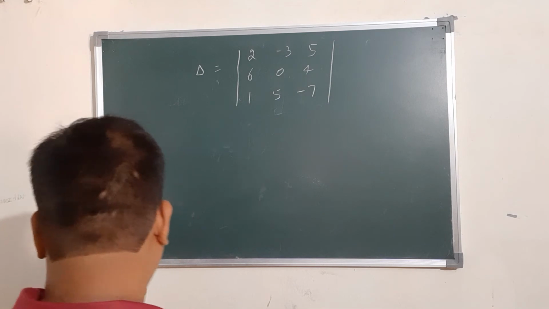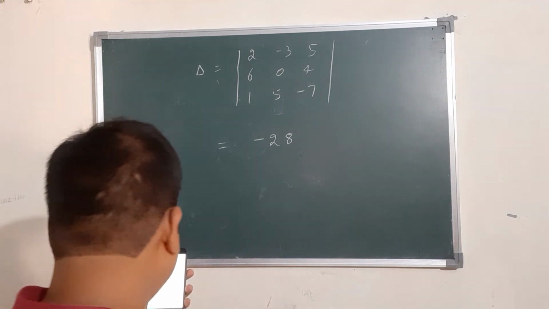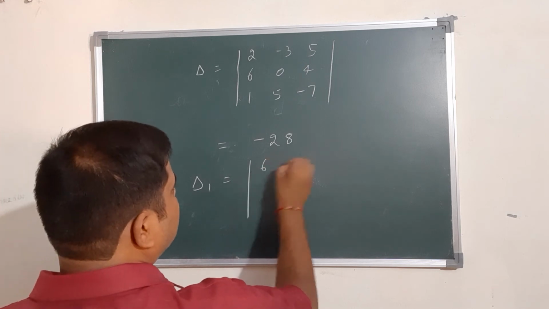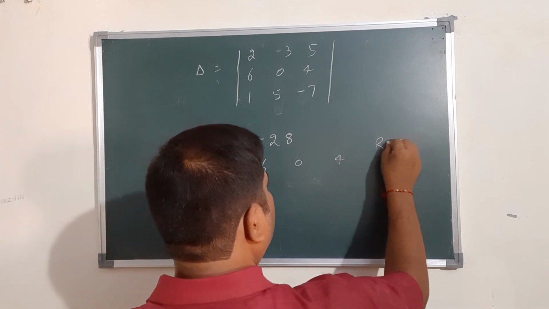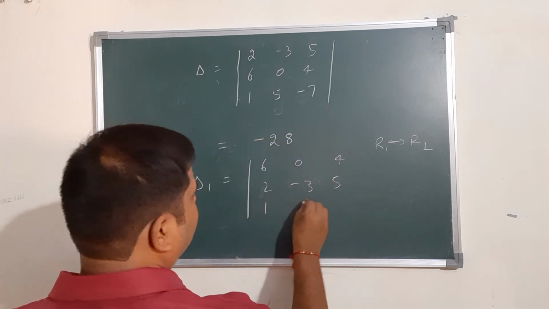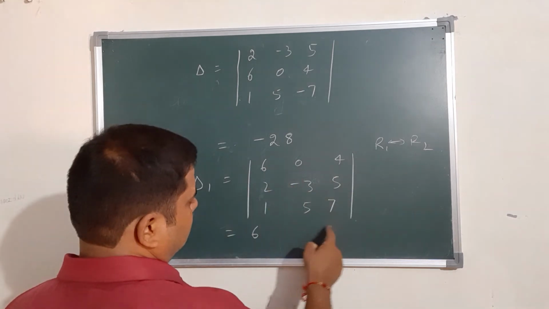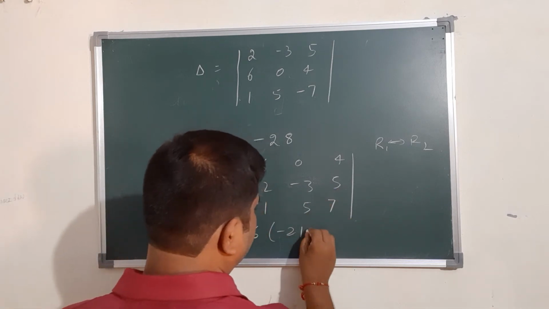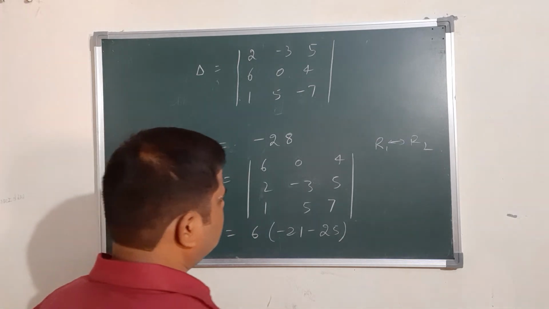If we expand it, we will get minus 28 because of the last example. And if we interchange the rows, delta 1 is equal to 6 0 4. R1 is interchanged by R2, then we will get 2 minus 3 5 and 1 5 minus 7. So we will get 6 into minus 21 and minus 25.